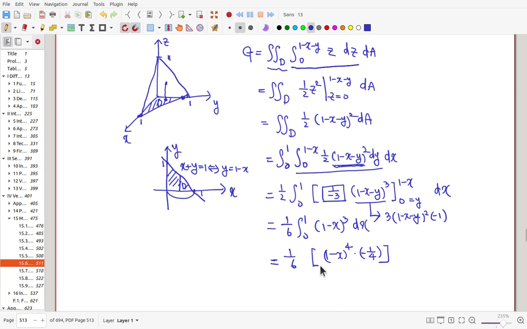So it's minus 1 over 4 times 1 minus X to the 4, and we evaluate from 0 to 1. So it is 1 over 6 times 1 over 4, and we have 1 over 24, the final answer. Okay?